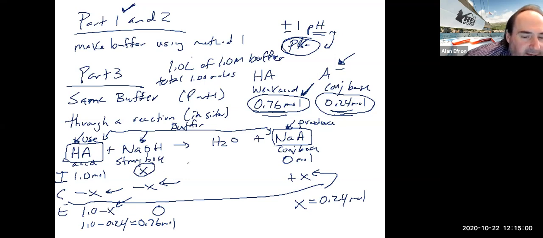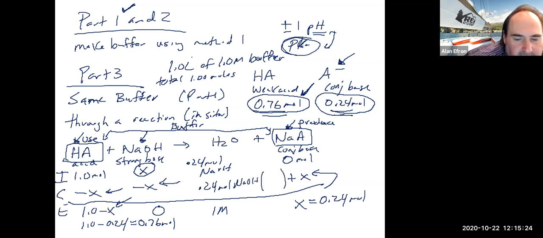And that x right there is 0.24 moles of my sodium hydroxide. If my molarity of sodium hydroxide was, say, 1 molar in this made up example, I would know that I need 0.24 moles of sodium hydroxide.